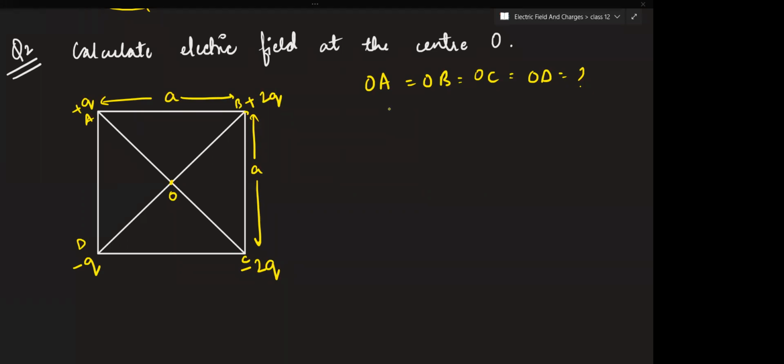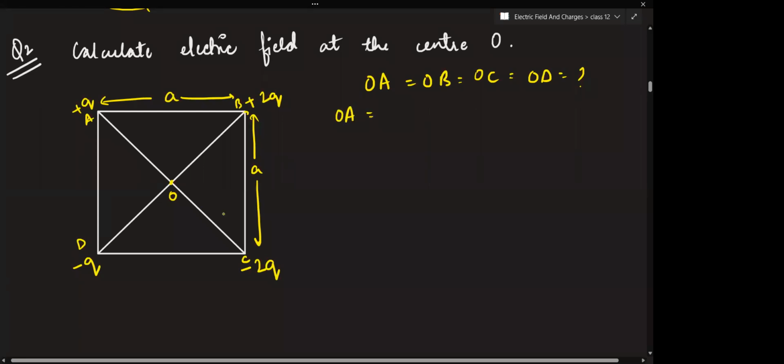See, whenever we have to calculate this, AO will simply be half of AC. Regarding AC, if this is a right angle triangle and you apply Pythagoras theorem, you have A square plus A square under root, divided by 2.